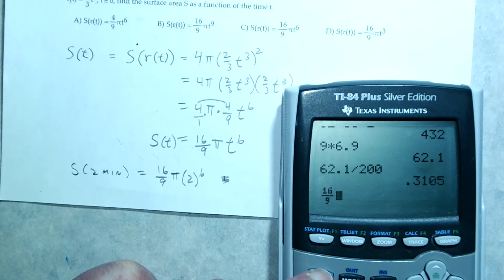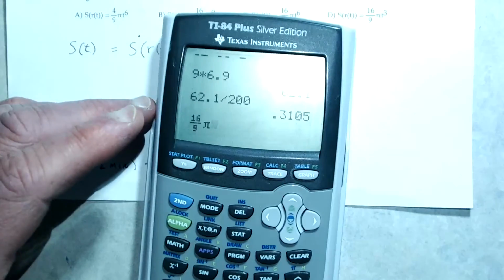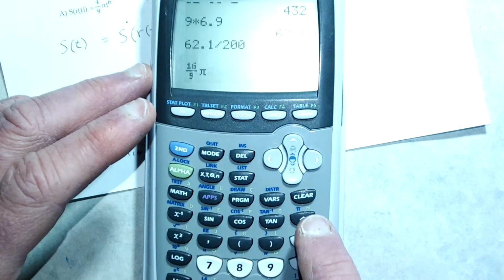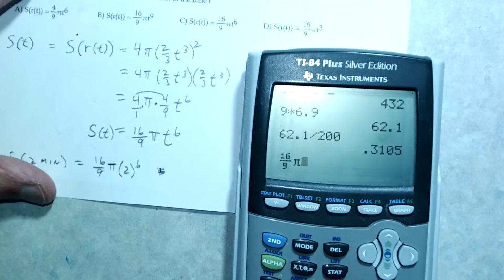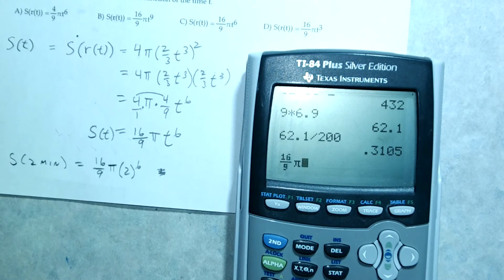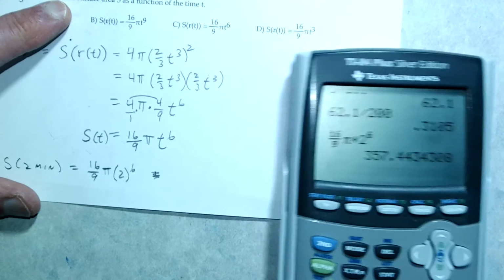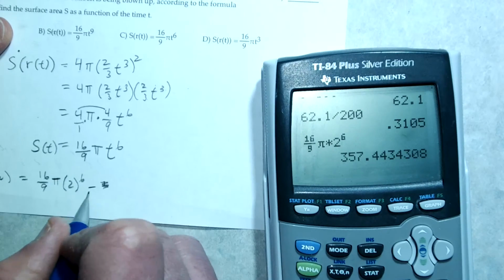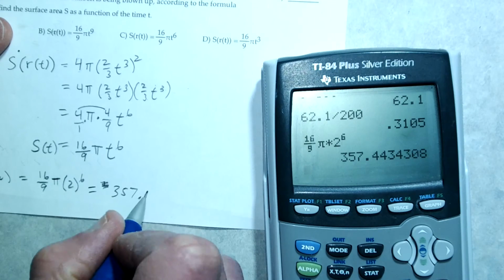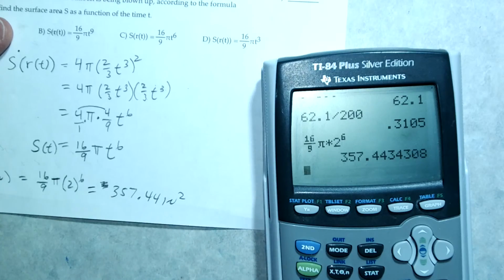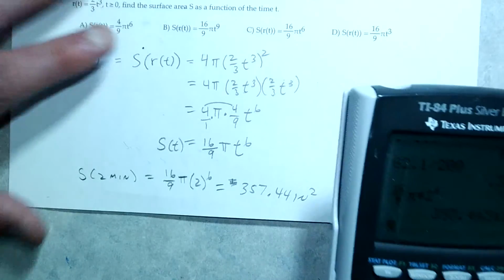I'm going to hit second pi, and then this symbol here, which would give me pi. And then I need times 2 to the 6th power. And this gives me a surface area of 357.44 square inches, right? And that would be at a time of 2 minutes.